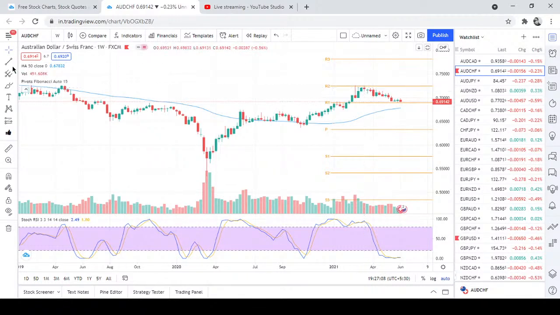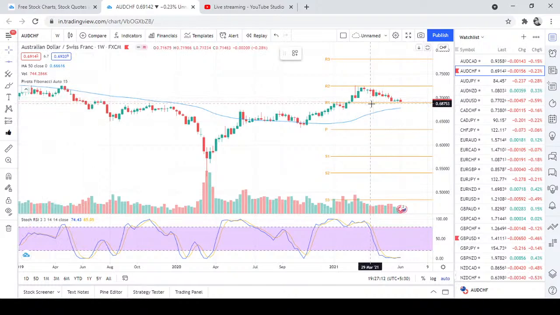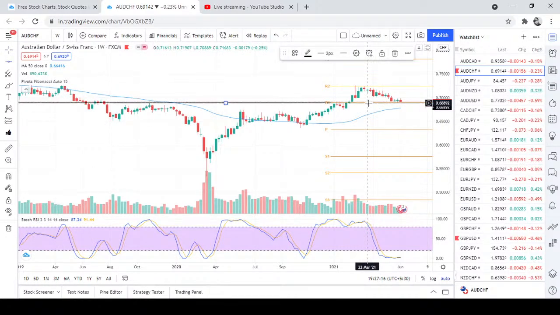But there is a but here, and the but is, you can see that there is a support in the weekly chart. And as we all know, the weekly chart is extremely important because it is the time frame of the big boys. So this level is very important for us.